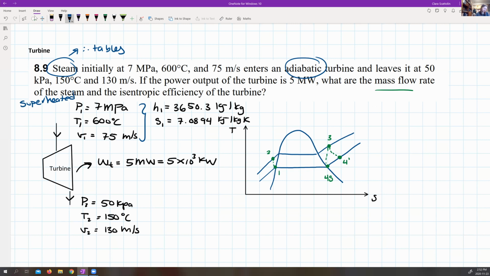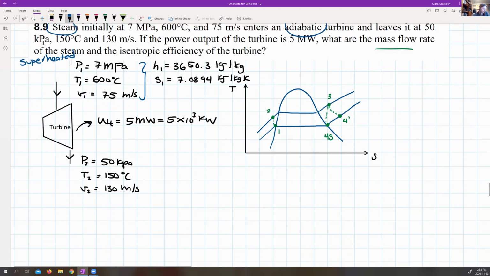If I look at these properties again, at this stage here, I'm also using the superheated tables because you're going to see if I look at this value for temperature, so at the pressure equal to 50 kPa, you'll see that T2 is greater than Tsat, therefore we must be superheated.